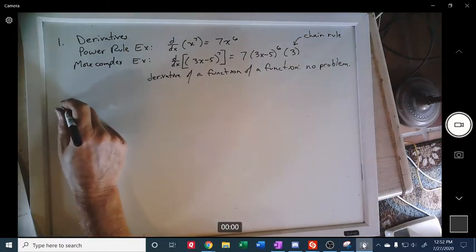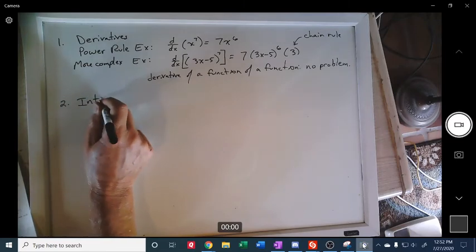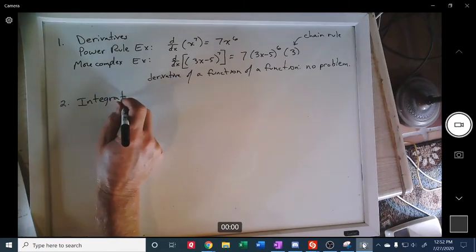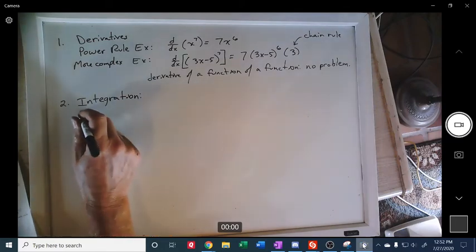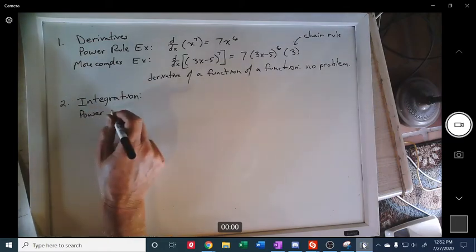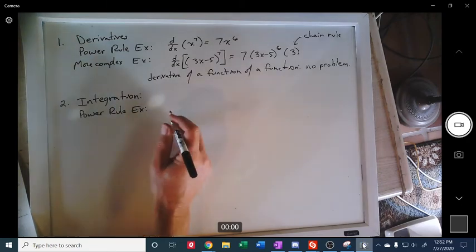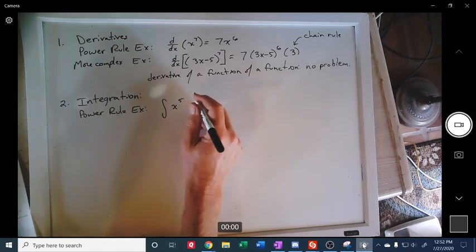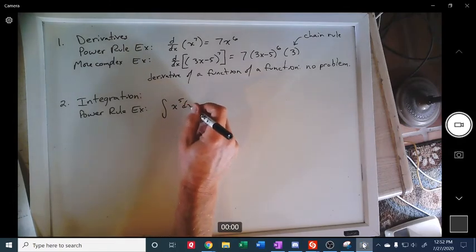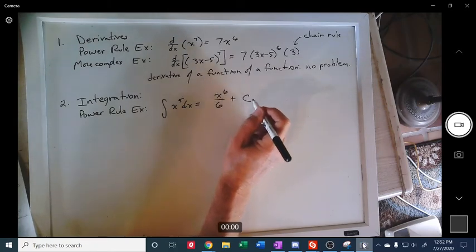Now let's go to number 2, integration. Power rule, example. The integral of x to the 5th dx. Well, that's just x to the 6th over 6 plus a constant.